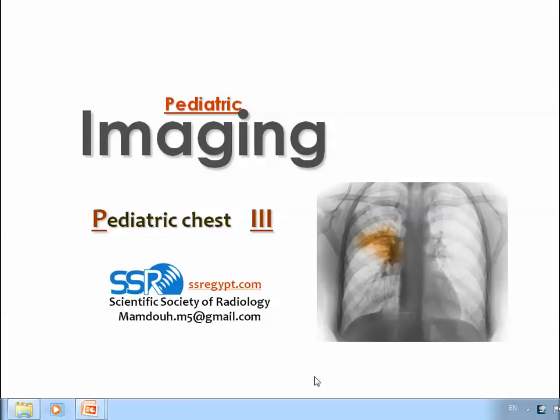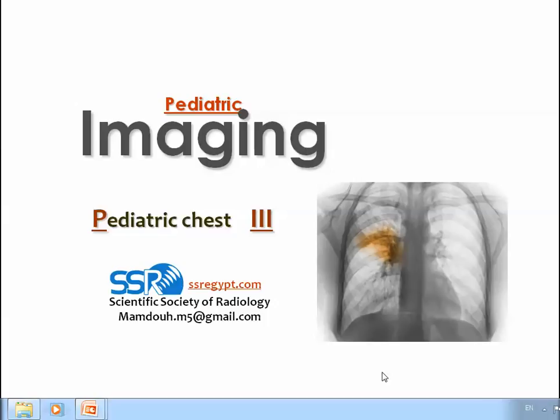Dear colleagues, we are going to start the third part of the pediatric imaging, pediatric chest imaging. We have finished the first part dealing with the anatomy and techniques, and the second part, which dealt with the focal pulmonary lesions.